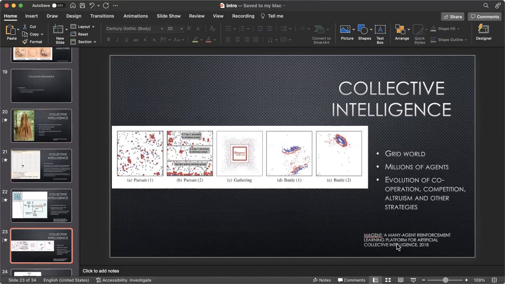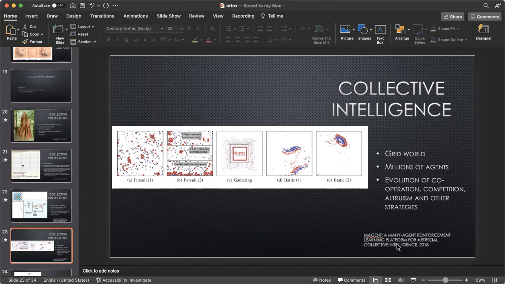Again, others have suggested looking at, for example, these authors made a grid world with millions of agents. You can think of each agent as an artificial neuron. And again, they compete with each other, or they want to solve a particular task in a reinforcement learning fashion.